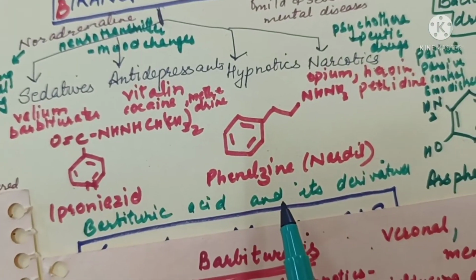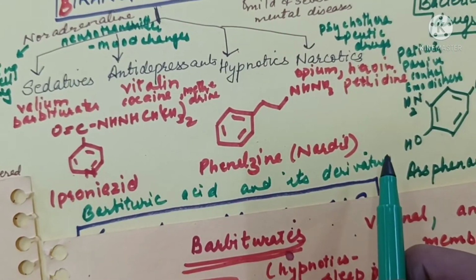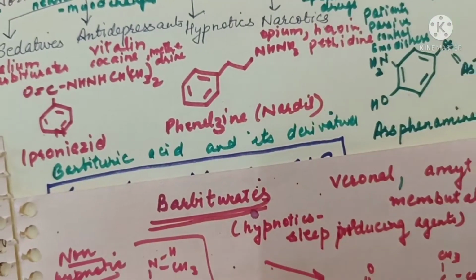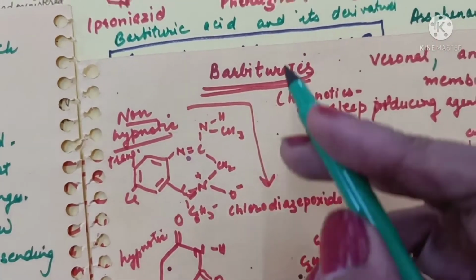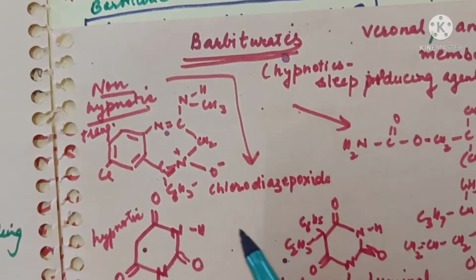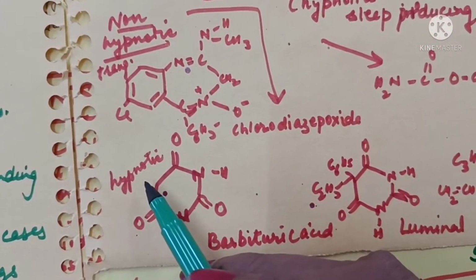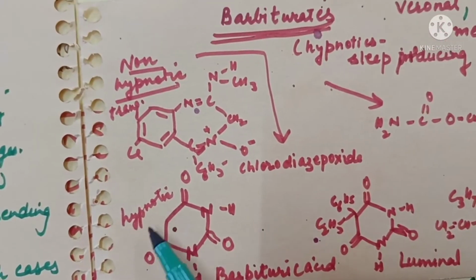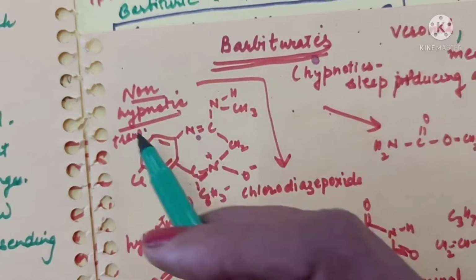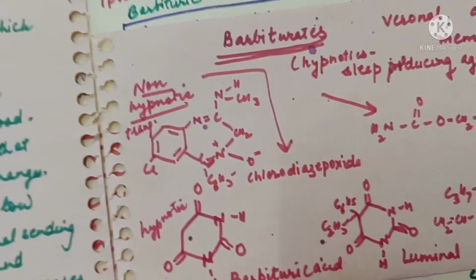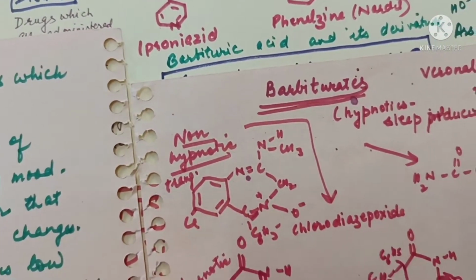Barbituric acid and its derivatives can also act as tranquilizers. These can be categorized into two categories. One which induce sleep, these are called hypnotics, and others which do not induce sleep. These are called non-hypnotic tranquilizers.